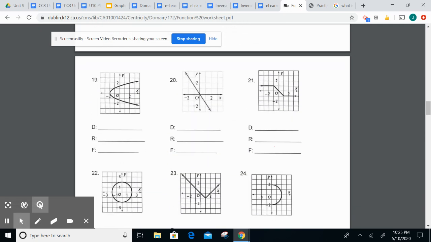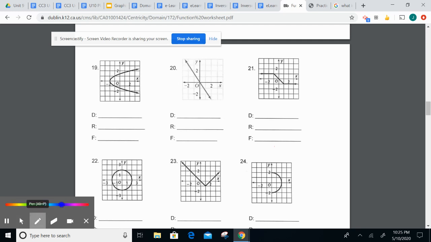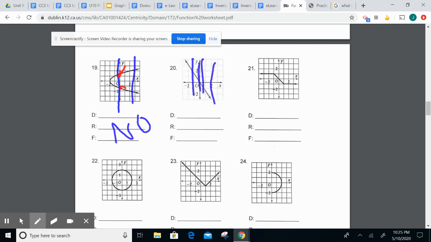Here's an example of not a function right here. Draw a line and it hits 2 points. In fact, it would do that quite a bit actually. It would do it here as well. Not a function. This one is, like I said, our straight lines are linear functions, it's in the word. This is a function.